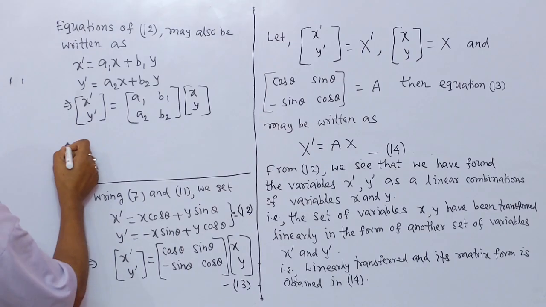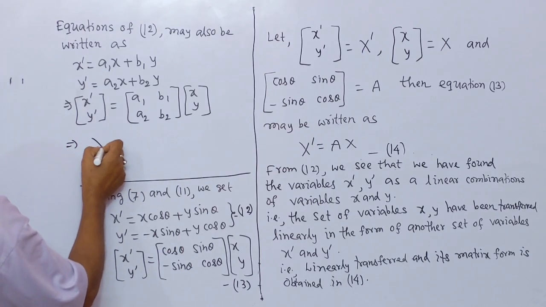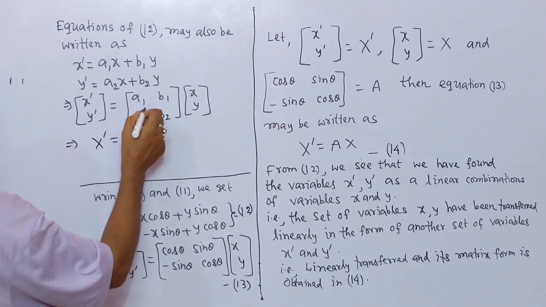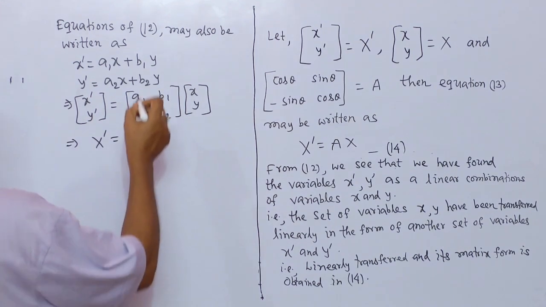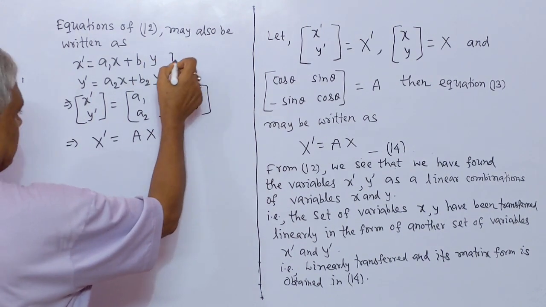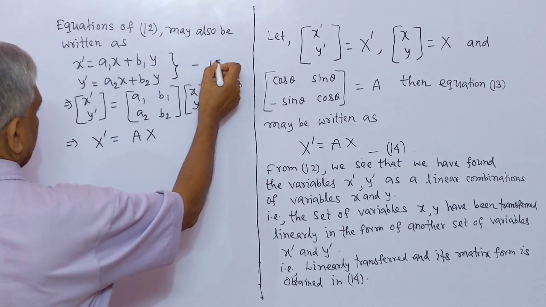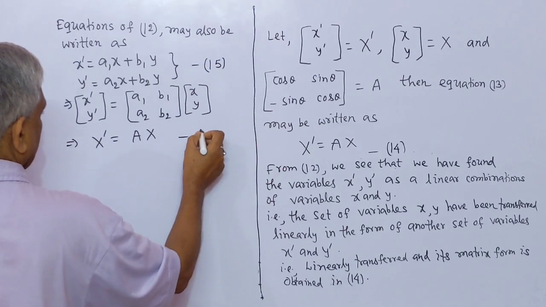We may also write this as X prime equal to AX. Let these equations be 15 and this is 16.